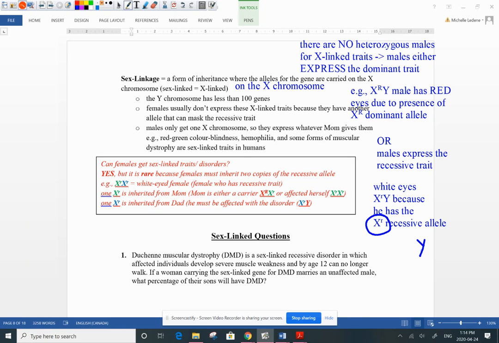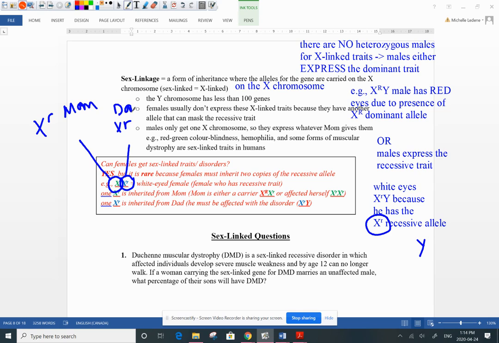So can females get X-linked traits? Yeah, they sure can. But it's going to be a lot more rare for a female than a male. Why? Because here's the example: X little r, X little r. This is a white-eyed female. She gets one X little r from mom, and one X little r from dad.